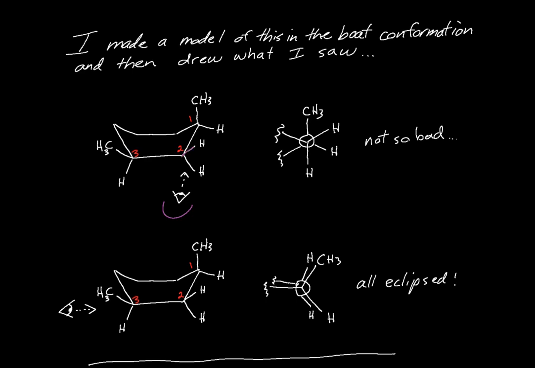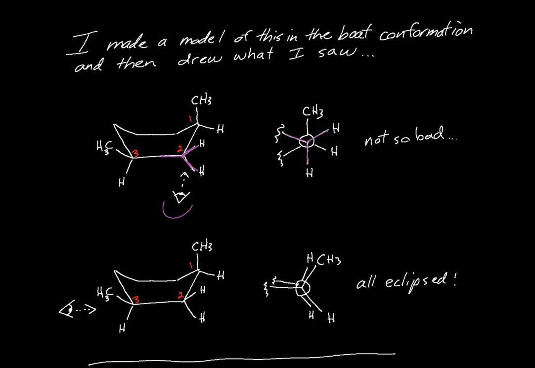Looking at these three bonds up front, the way it looked as I was looking at the model was these three bonds up front: the two protons, and then this, where it connects to the rest of the ring.